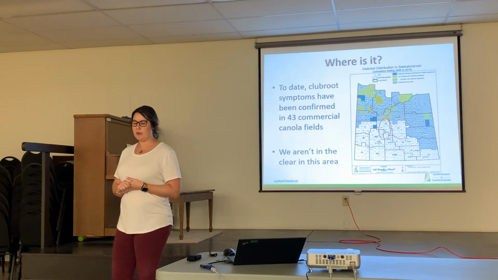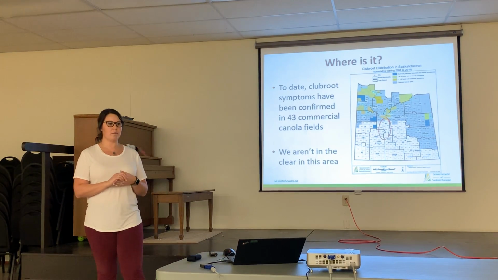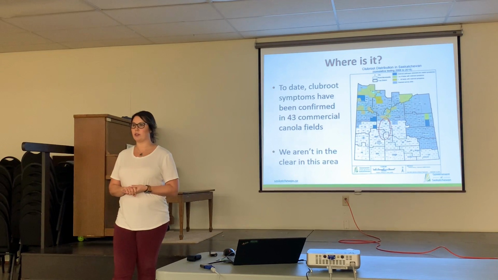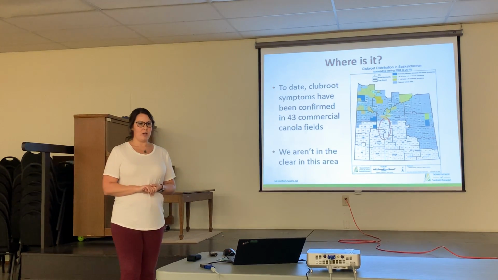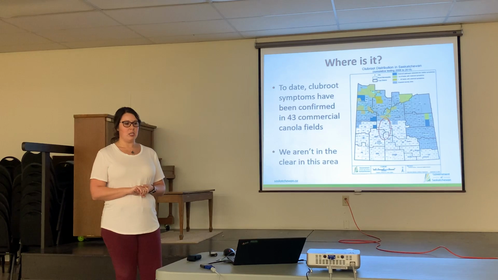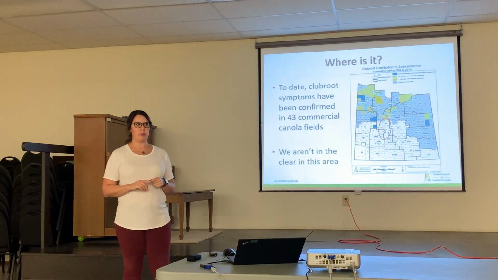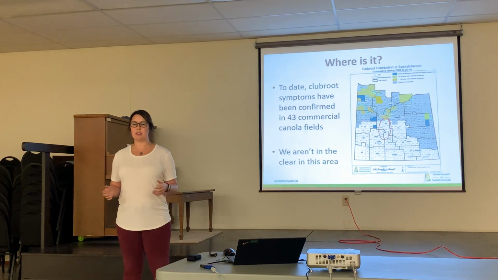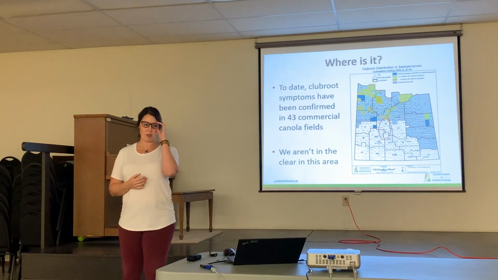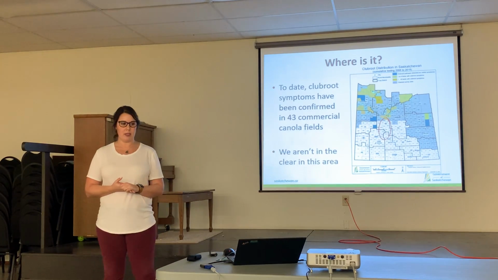So up until now, clubroot has been confirmed in 43 commercial canola fields. In 2018, the Ministry of Agriculture partnered with Saskatchewan and SARM to conduct a fairly extensive clubroot survey. 1,500 fields were sampled.